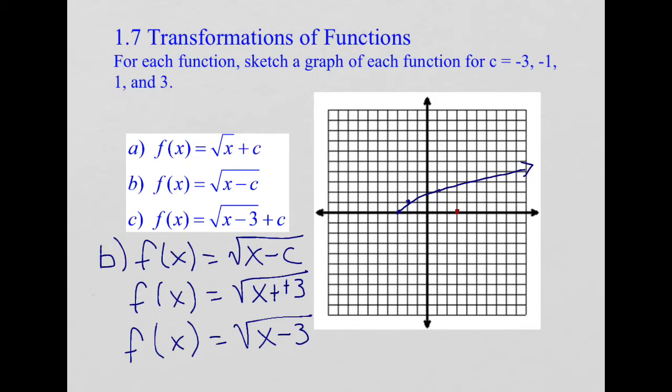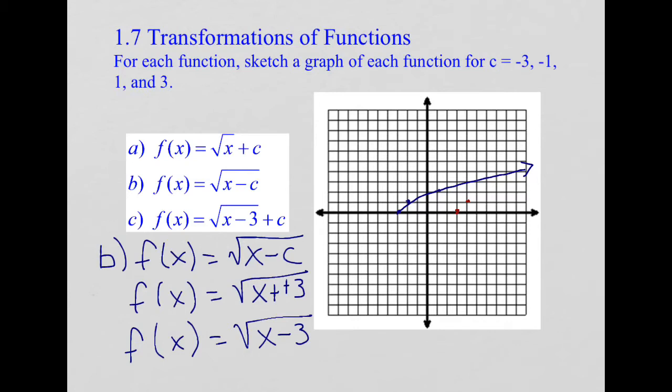So the next perfect square that I'm looking for would be 1. And I get that by putting x equals 4. So 4 minus 3 is 1, and the square root of 1 is 1. And there's my second point. Now the next perfect square I have is 4. To get 4, I have to go all the way over to 7, because 7 minus 3 is 4.